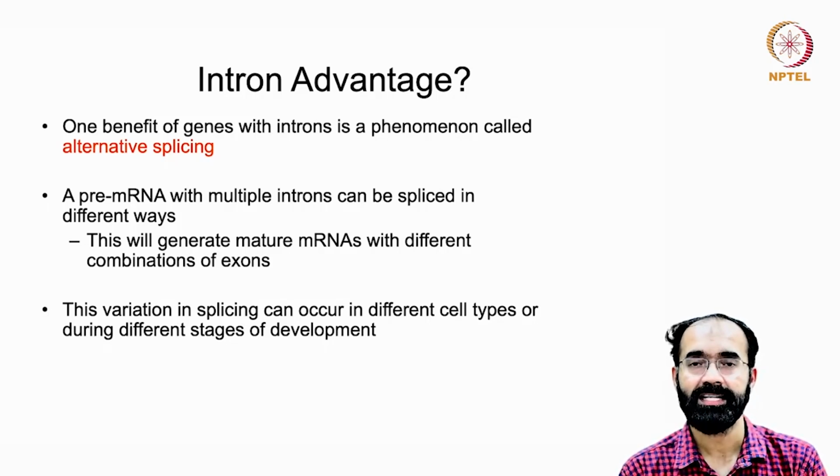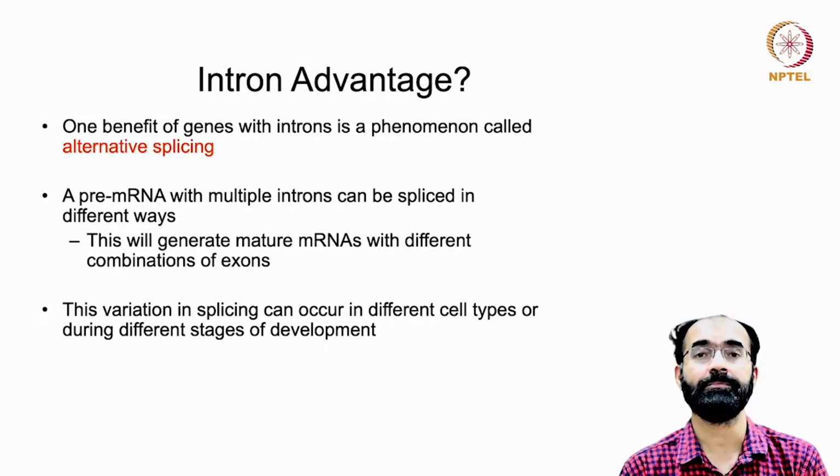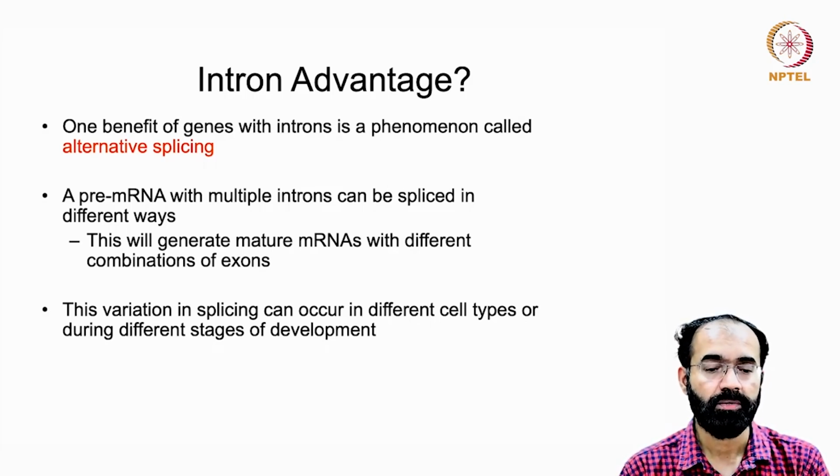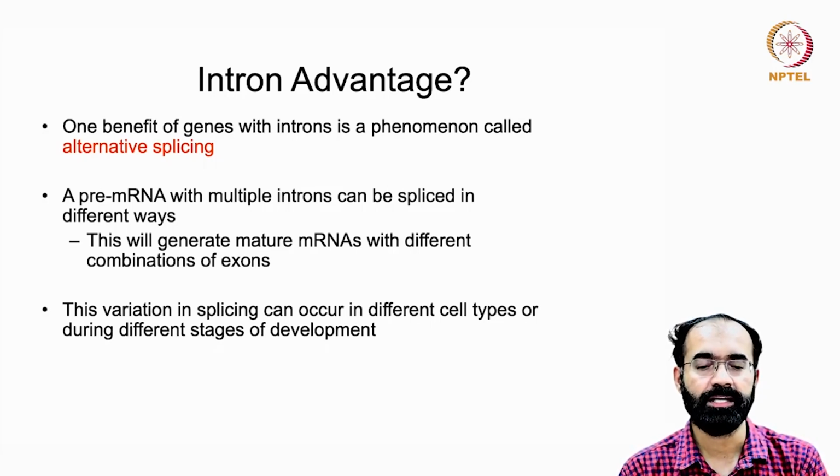So what it indicates is that introns contain elements that can accelerate the expressivity of a transgene. So naturally it will influence the expressivity of that gene when it is intact also. So one benefit of genes with introns is a phenomenon called alternative splicing.